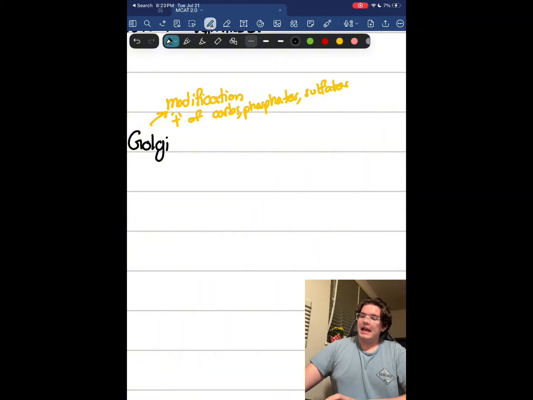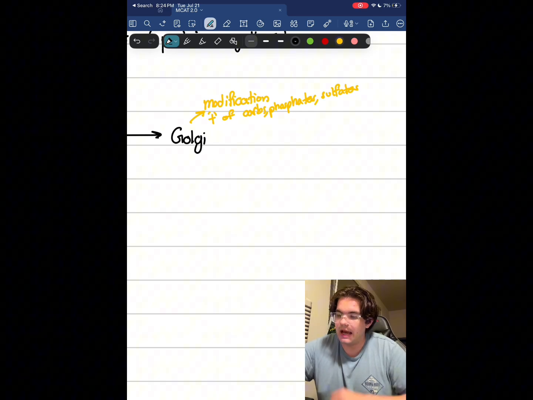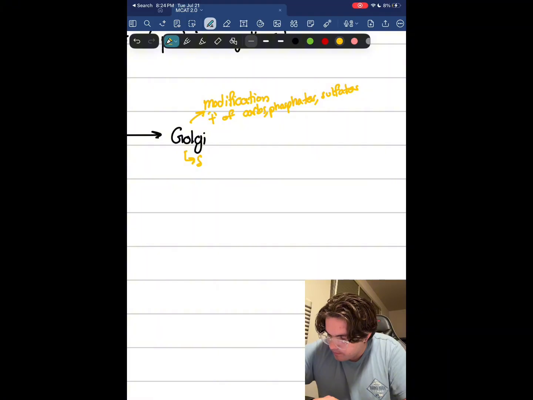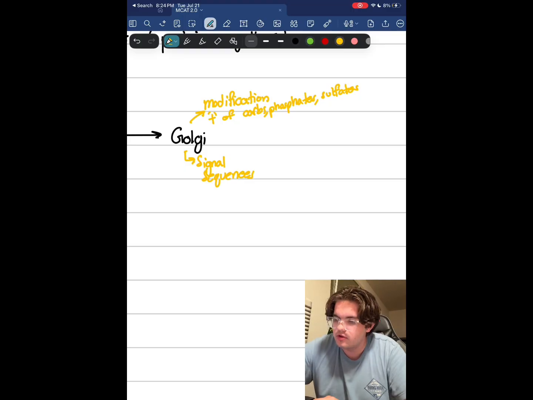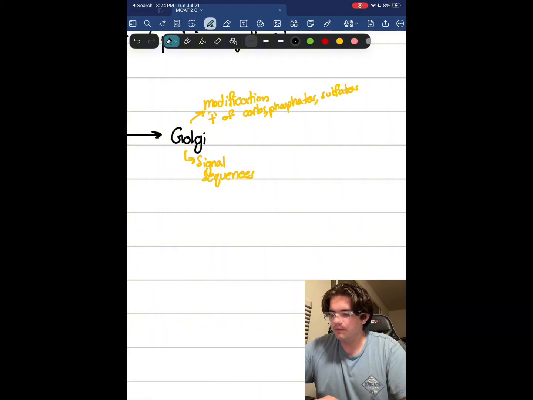And another thing that is important to know is inside the Golgi, we are also adding on signal sequences. And hopefully you can kind of see my writing. I know it's kind of small and scribbly because I just want to move a little bit faster through the material, especially because this is probably a lot of review.